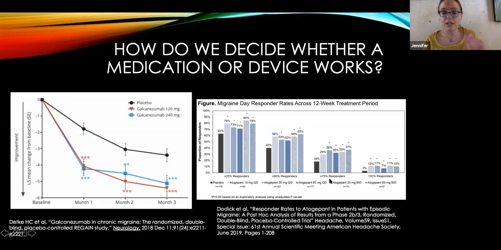Whereas if you look inside those numbers, there may be some people that really aren't helped by the drug at all, or that are super duper helped by the drug. So it's important to know that that's going on behind the scenes.